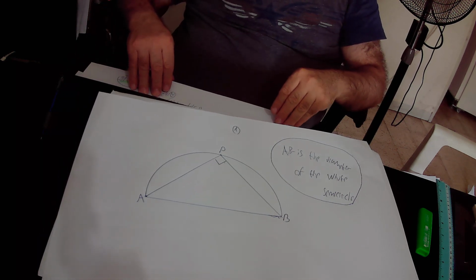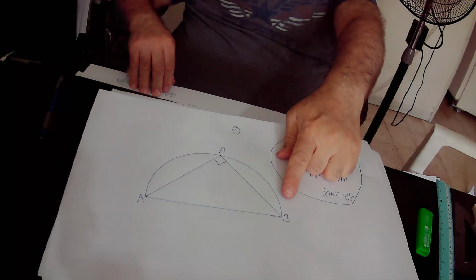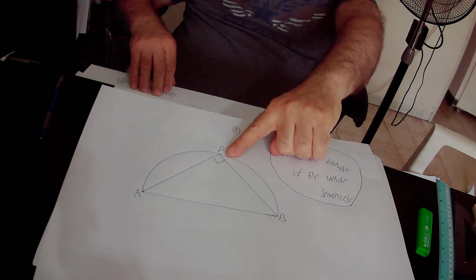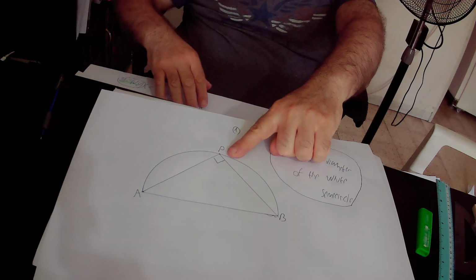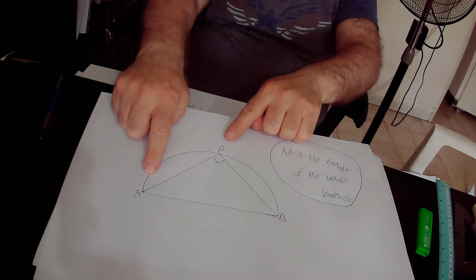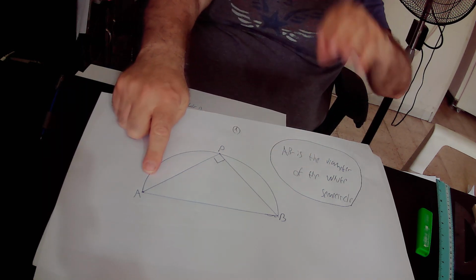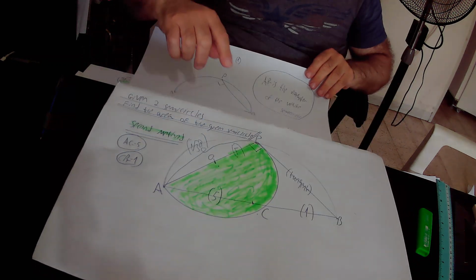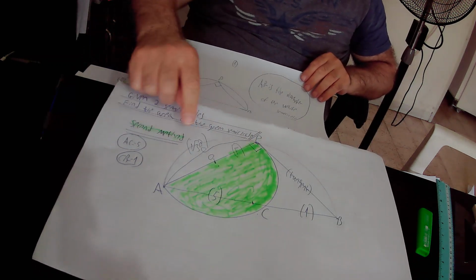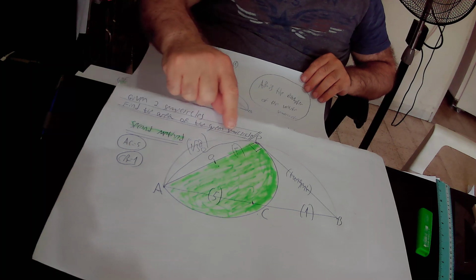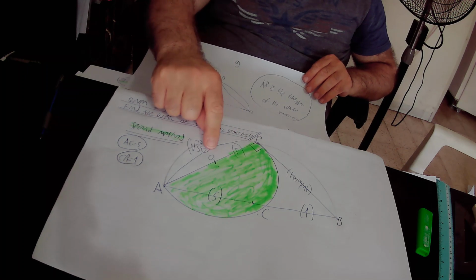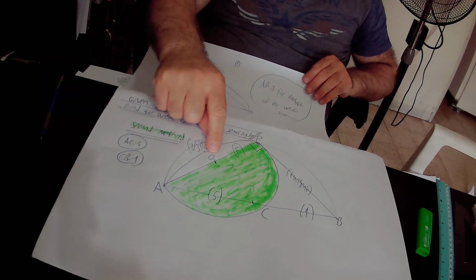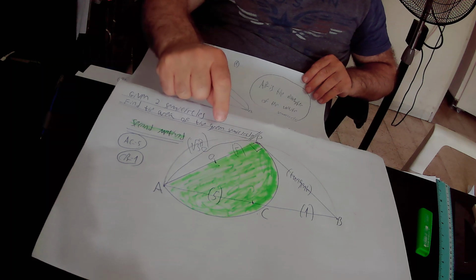So here we have line segment BP creating 90 degrees with PA. But PA is the diameter of the green semicircle. If PA is the diameter and O is the center of the semicircle, it means that PO must be the radius. PO is the radius of the green semicircle.